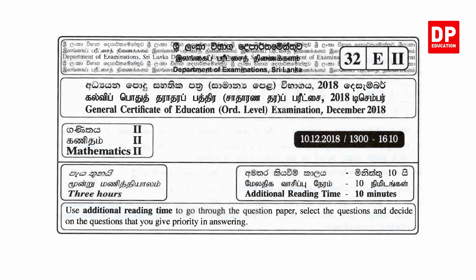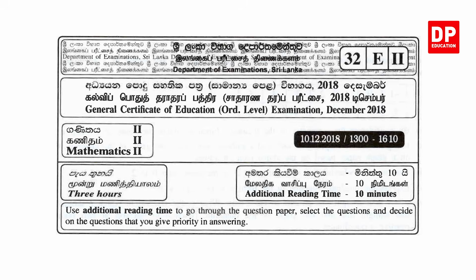So how do you get marks? We'll see how you get marks for this. When you look at the marking scale, for 2080, 1 mark for this step and 1 mark for the answer, so 2 marks for the first part.